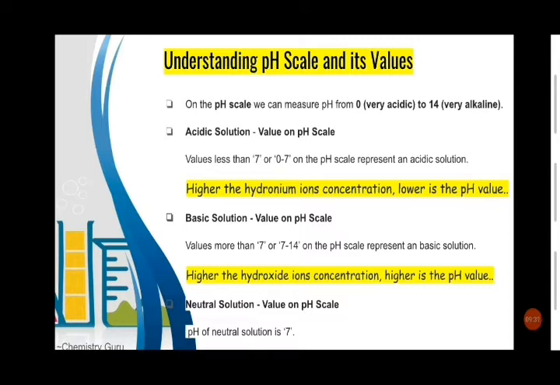So this is a general overview of the complete pH scale reading and how it shows the strength of an acid or a base.